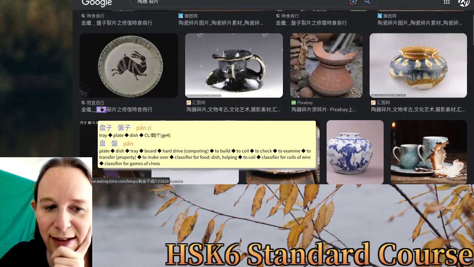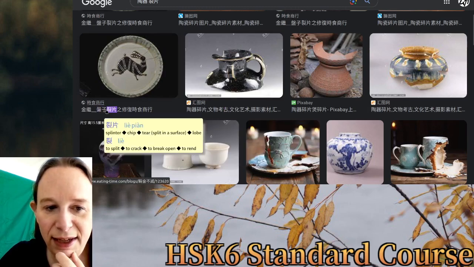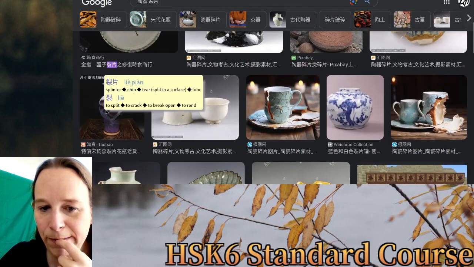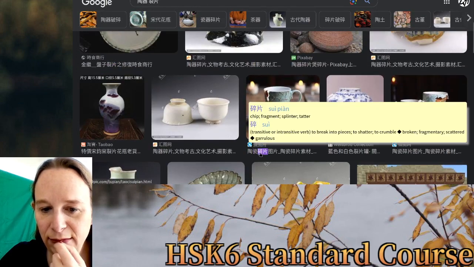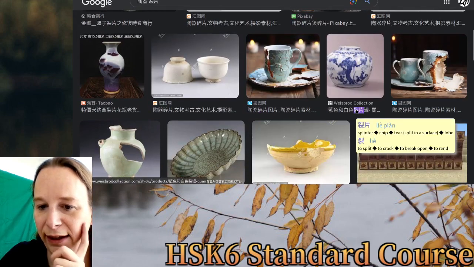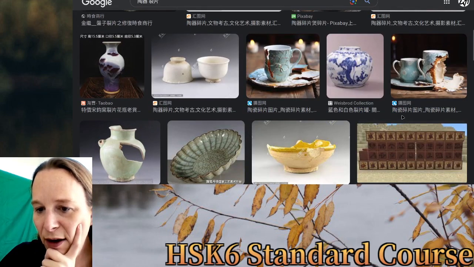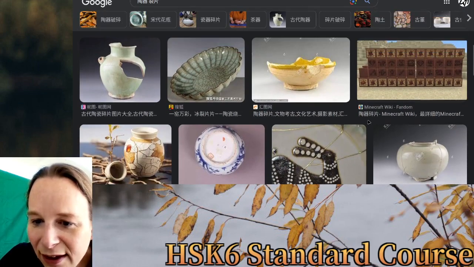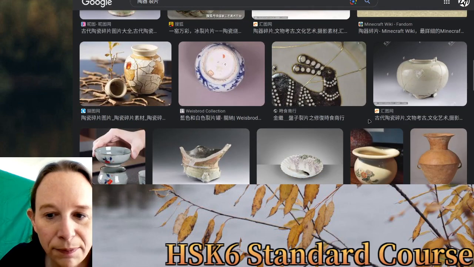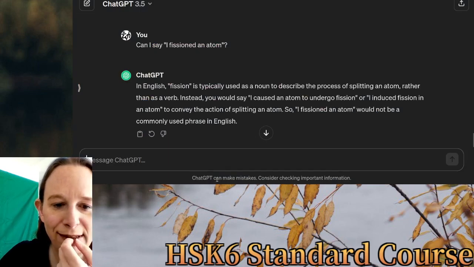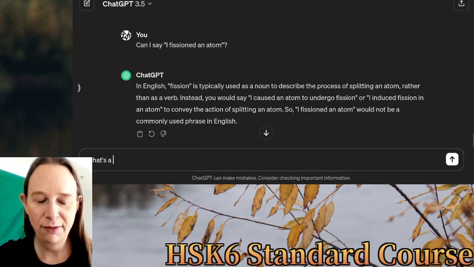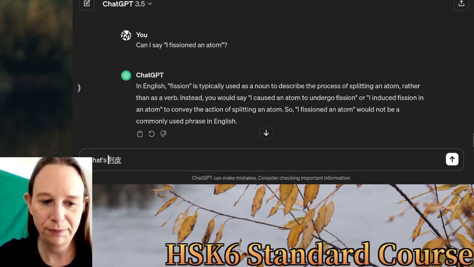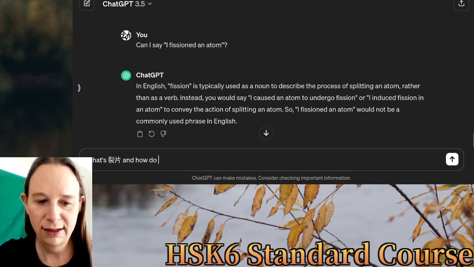These are 碎片, right? 盘子裂片. 陶瓷碎片. What's this got to do with Minecraft? What's 裂片? And how does it relate to 碎片?